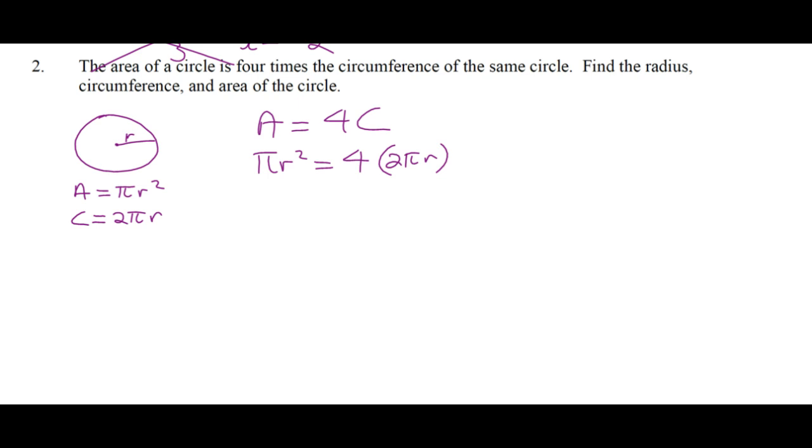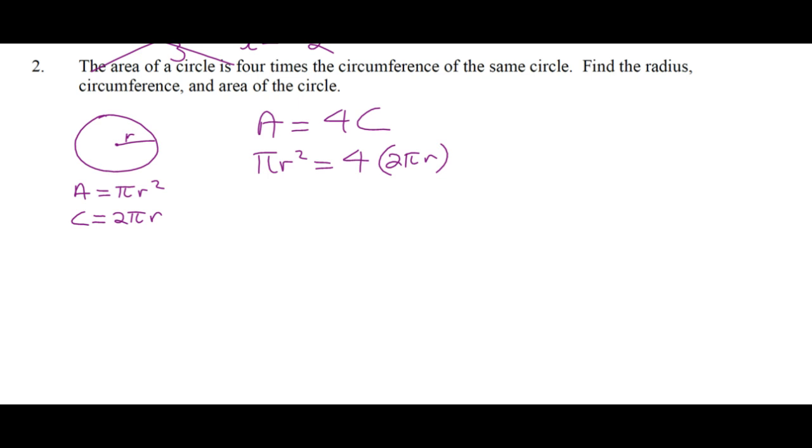The area of a circle, big A, equals 4 times the circumference of the same circle, C, which is equal to 2 pi r. So this is the method of substitution. I'm just substituting for A and for C. It's also called the method of comparison because we know these two things are equal to each other, so we can compare them. Okay? Good.